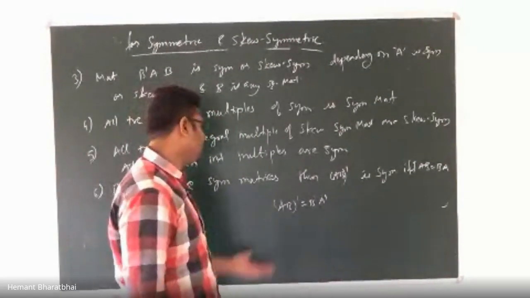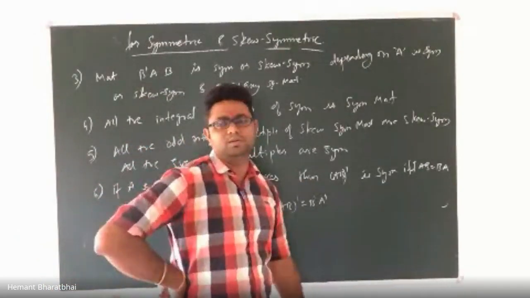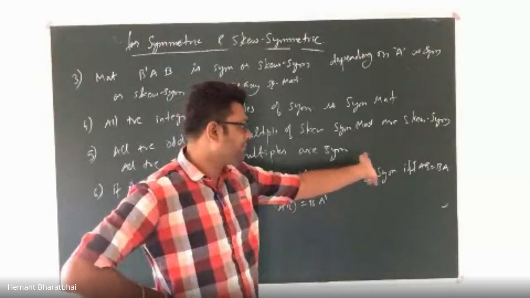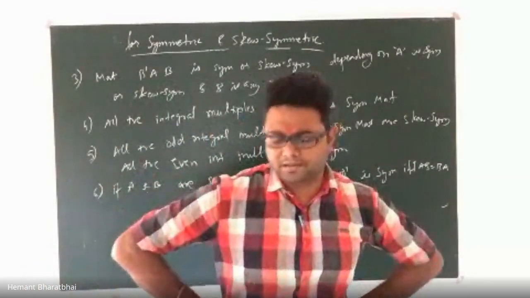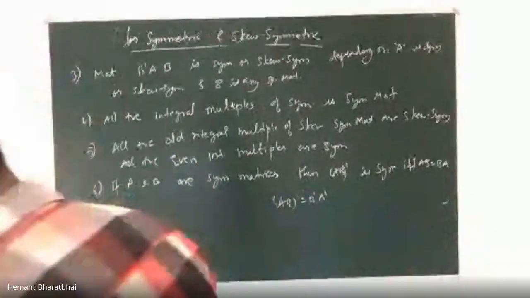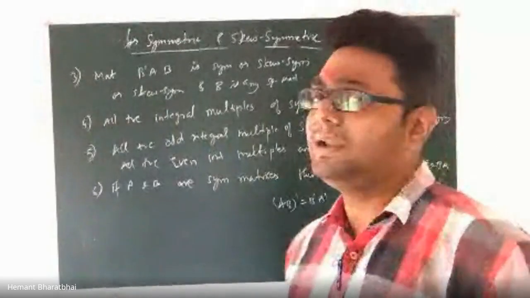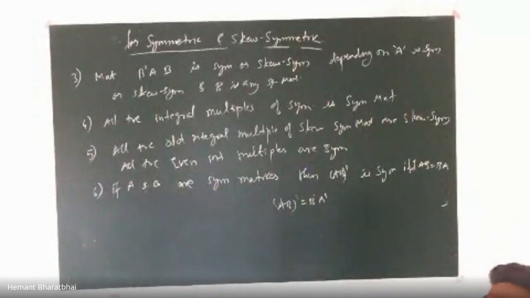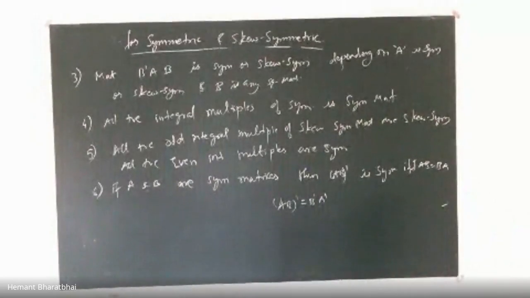And if my AB is not equal to BA, then I am not going to get AB equal to BA, and therefore this AB, the whole transpose, will be symmetric if and only if AB is equal to BA. Otherwise, even though matrices A and B are symmetric, if AB is not equal to BA, then AB, the whole transpose, will not be symmetric. Instead, it may become skew symmetric.